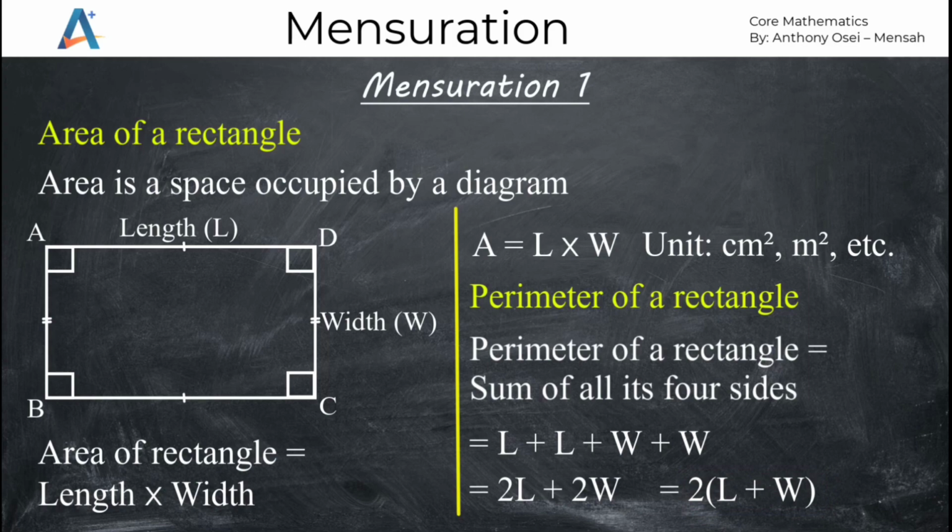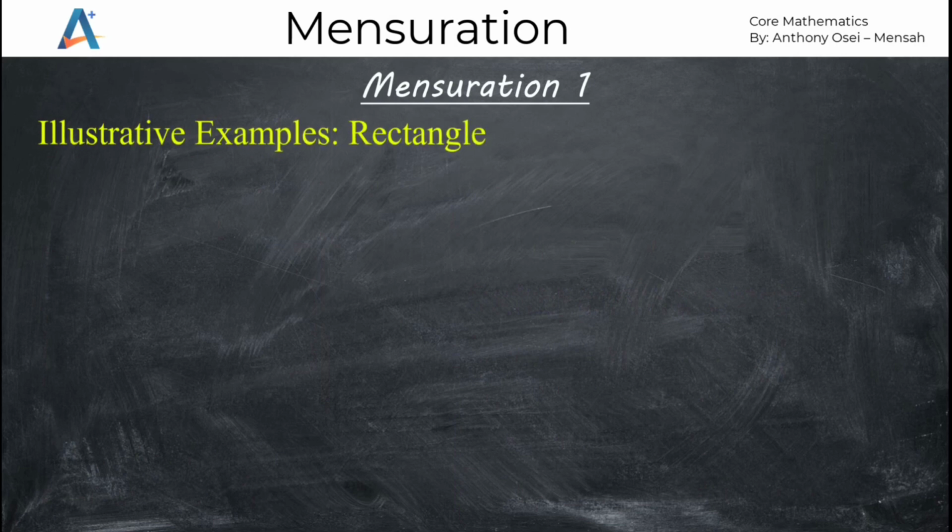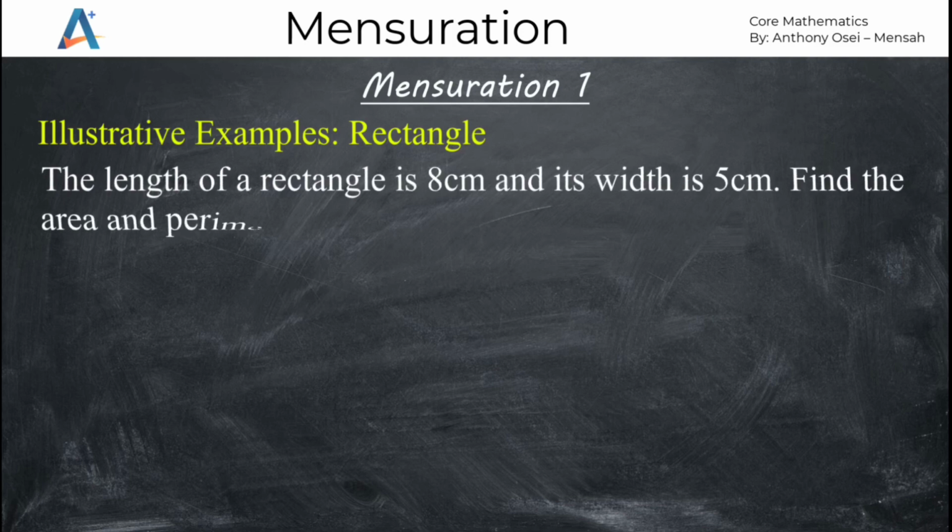Now let's use these two formulas to do some calculations on the rectangle. At this point, let us take some illustrative examples. This question reads: the length of a rectangle is 8 centimeters and its width is 5 centimeters. Find the area and perimeter of the rectangle. So let us put down the data and solve this.